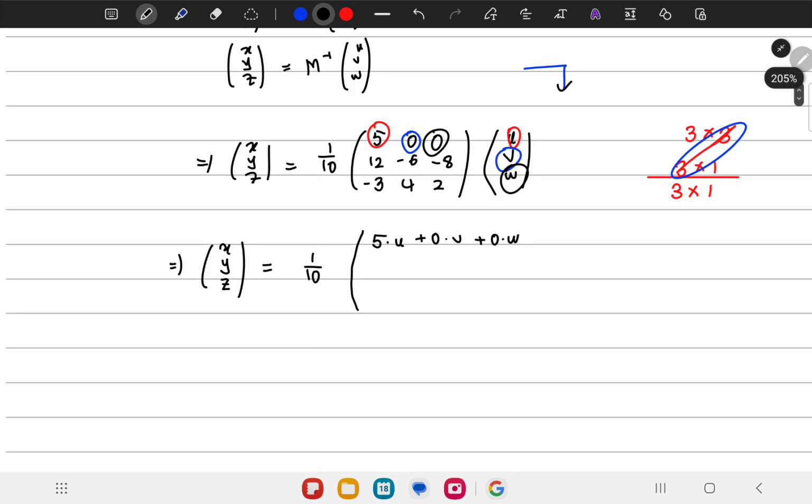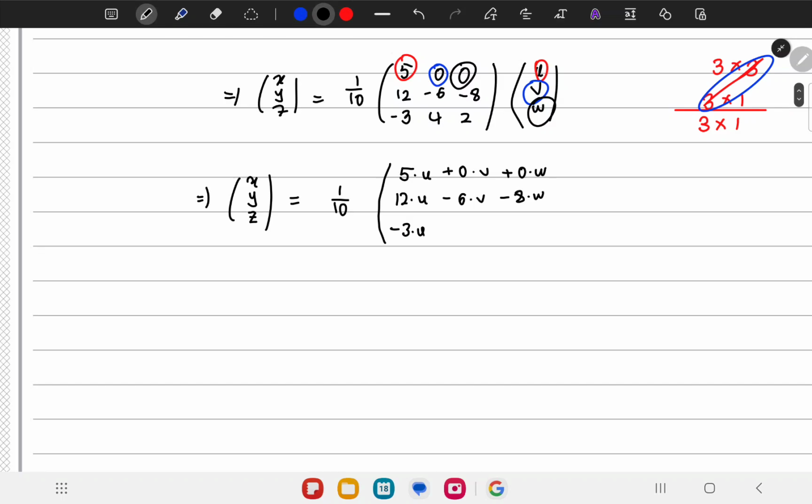On the next row we do 12 times u minus 6 times v minus 8 times w. In the last row we do minus 3 times u plus 4 times v plus 2 times w.